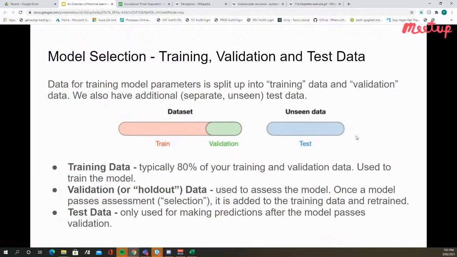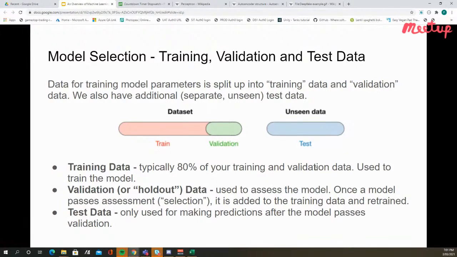So if you have a model and you want to train it, usually you want to check that the output matches the expected output. So you split your data set into training data and validation data. Typically 80% of your data is in training and 20% is set aside, or they call it holdout, just to check the output of the model against the expected or actual data.